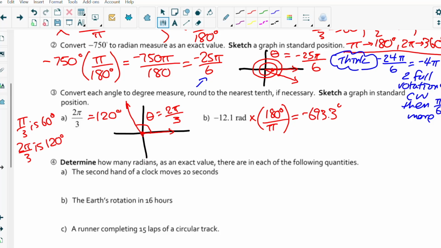Well, I know one full rotation is negative 360. And then I have negative 333.3 degrees more to go to get to negative 693.3 degrees. It's a negative angle, so I'm going in the clockwise direction, folks.